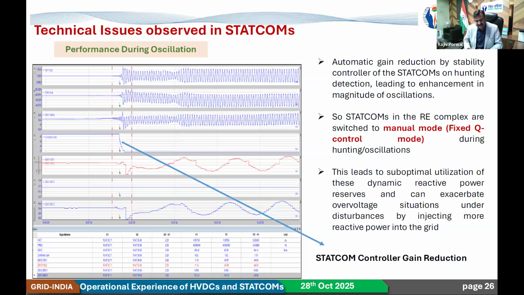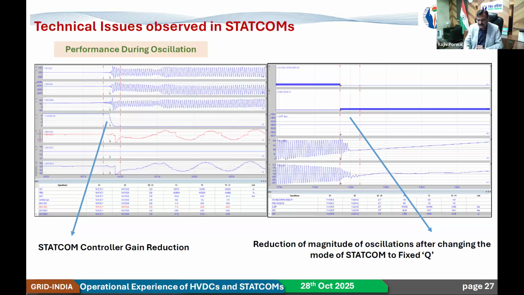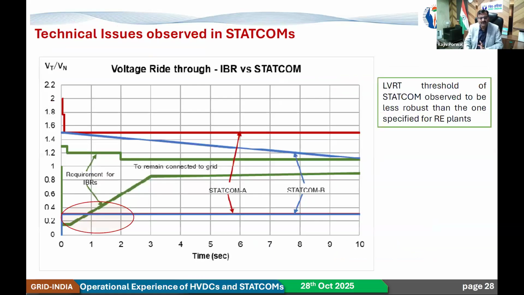This is a safety feature in the design of these STATCOMs, so that they do not participate in the oscillations, but they are turning out to be counterproductive in the high RE rich areas. So gain reduction is another issue. Then we are converting them to fixed Q mode operation, and therefore again we are losing their dynamic support in the system. That is one of the issues we have.